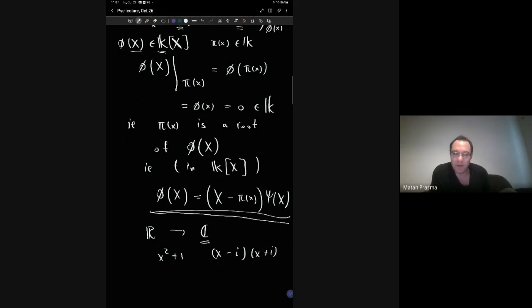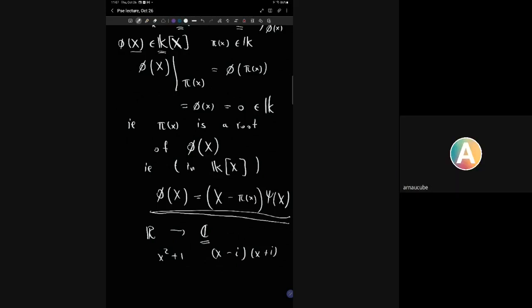Now, what do you think? You follow? Yes, thanks for the clarification. This last thing was reminding me a bit of something that we saw, but I don't remember exactly the name. This thing that you can decompose things. You have phi of x equals x minus pi of x multiplied by this other polynomial, and you can keep doing this recursively.